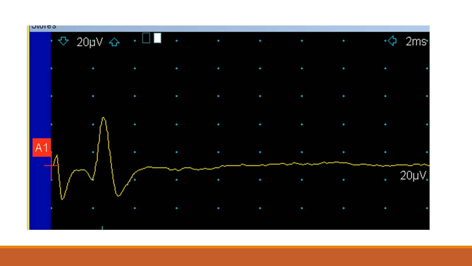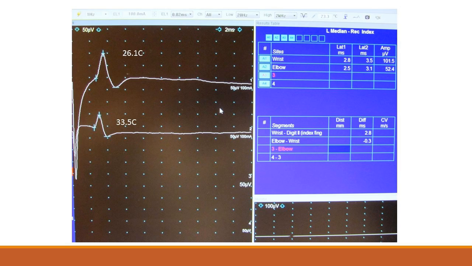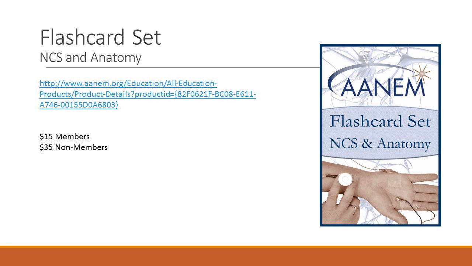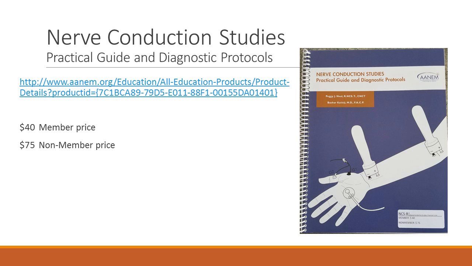Okay. Other questions? Rita, the book you can find through the AANEM. There's only one set of flashcards, correct? Correct. Okay, I already have the Nerve Conduction Study book.